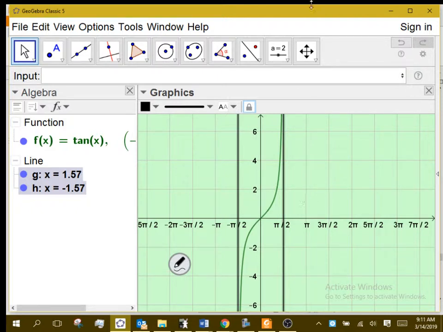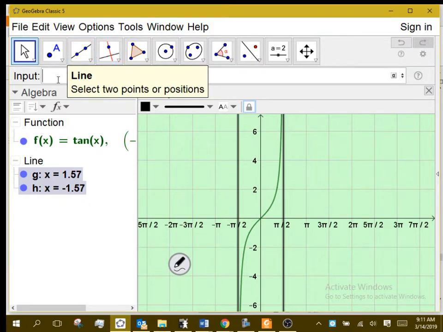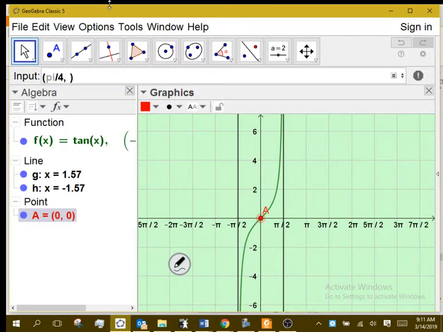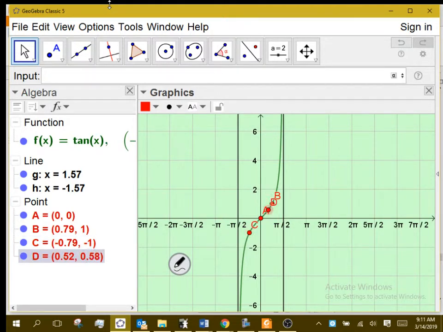So when I take some key points that are on the tangent function, like 0, 0, pi over 4, comma, 1, negative pi over 4, comma, negative 1. If we think about it, pi over 6 is going to be square root of 3 over 3. If I go pi over 3, that's going to be the square root of 3. So all those points show up on that tangent, right?